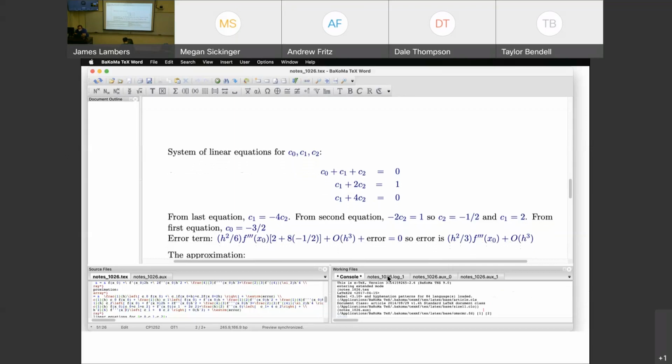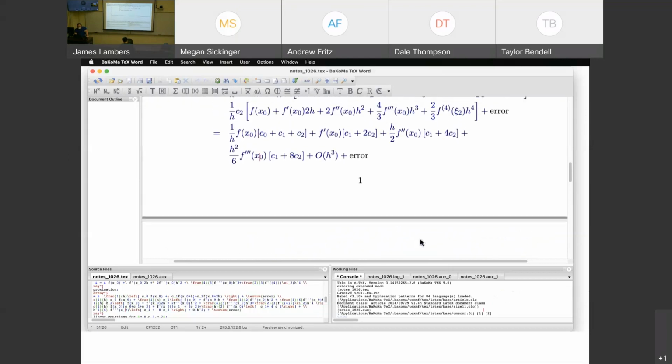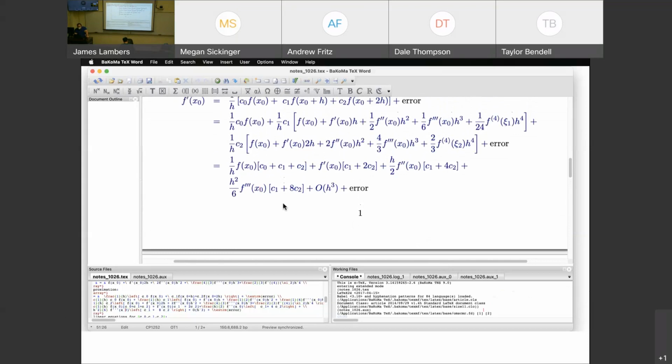So then what I do is, okay, I go back to where I was. So this is gone. This is now just f prime. And then this is gone. Now, I only have f prime on the left side, and I have f prime here.